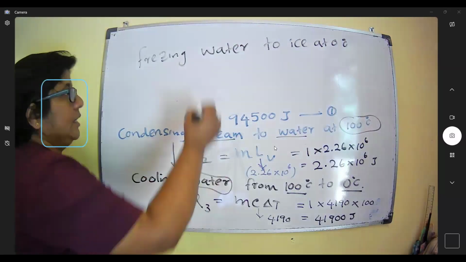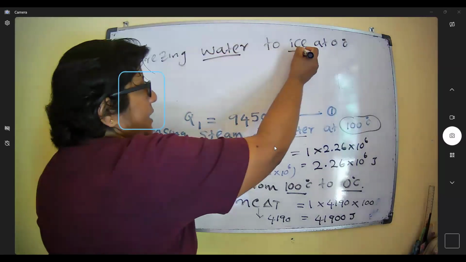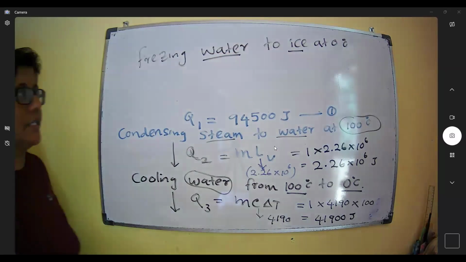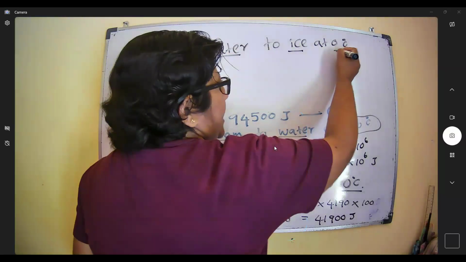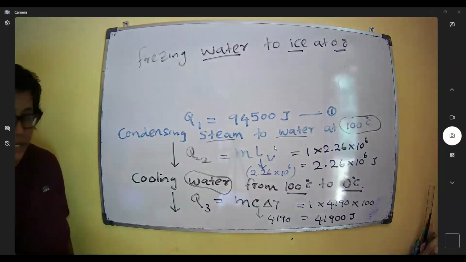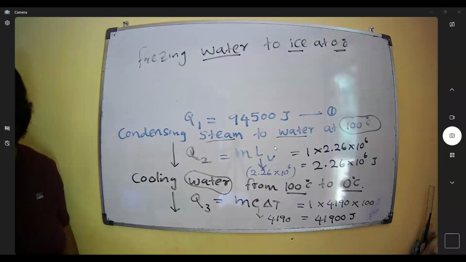Now you can see water is converted to ice. Phase transition at 0 Celsius. Now water is at 0 Celsius and it converts to ice at 0, right?